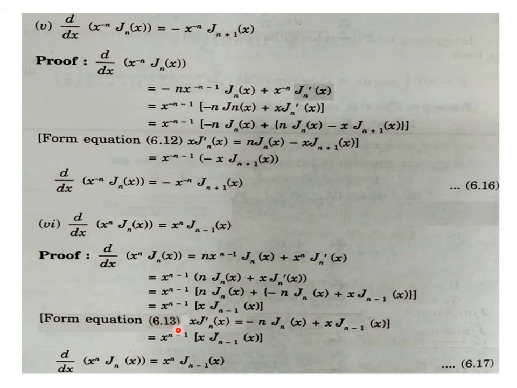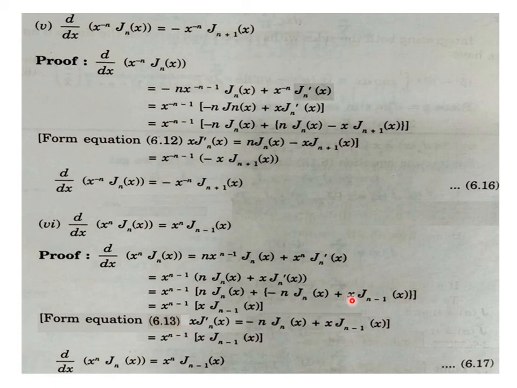We know that the left hand sides of the first and second recurrence relations are the same, x Jn dash (x), but the right hand sides are different. There we utilized the first recurrence relation, equation 6.12, and here the second. Why? Because there minus n Jn(x) was cancelled with plus n Jn(x), and here using the second recurrence relation, plus n Jn(x) is cancelled with minus n Jn(x). That is the reason why we utilize 6.12 there and 6.13 here.